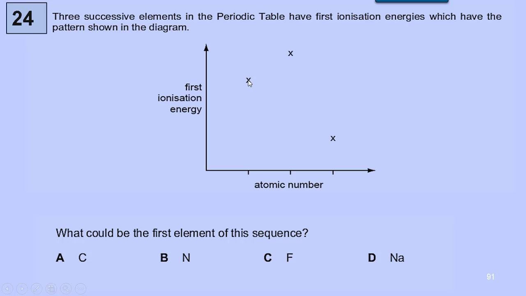So we start with an element from 7A, then noble gas, then the ionization energy will decrease as shown in the diagram because we start with group in 1A, which are characterized by low ionization energies. So the logic sequence or the first element of this sequence will be fluorine.